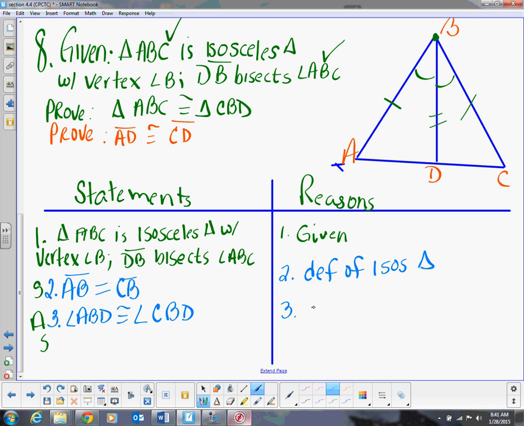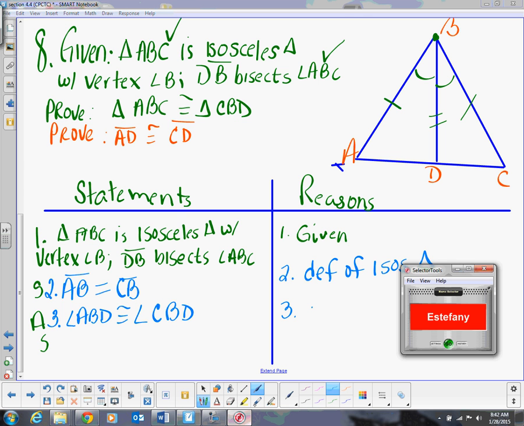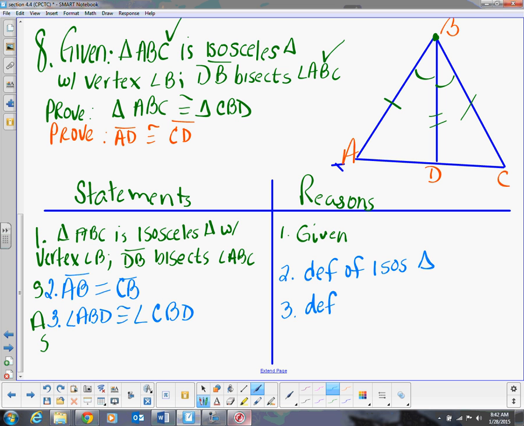Look at your given. Yes, because definition of what? Angle bisector. Okay?